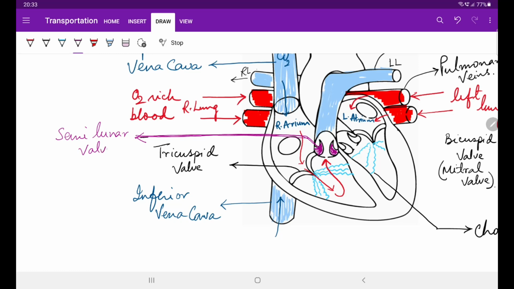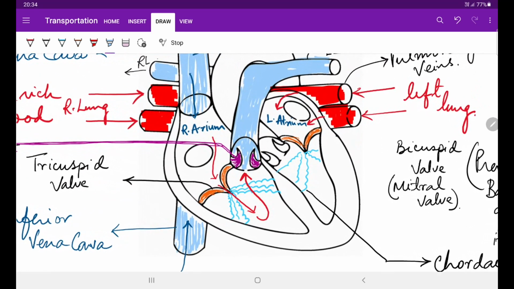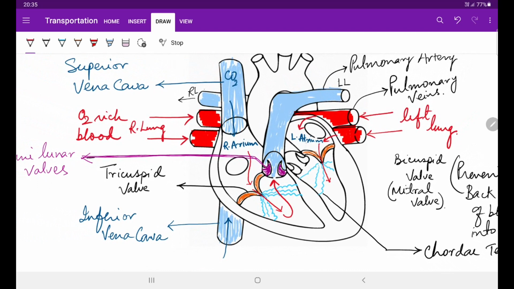Now, the blood received by the left atrium, it also pumps its contents into the left ventricle through the bicuspid valve. After being oxygenated, the pulmonary veins bring the oxygenated blood into the left atrium.